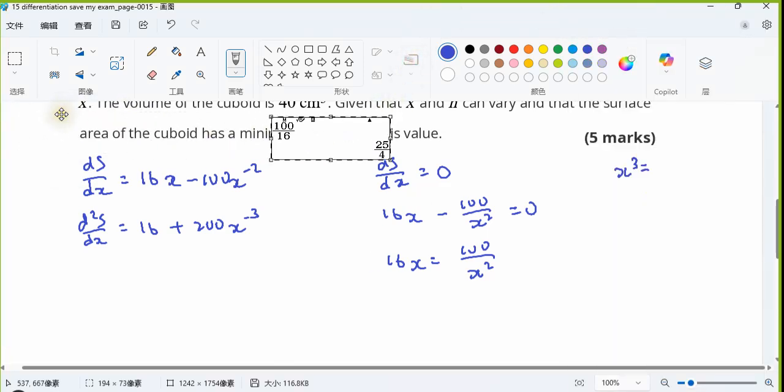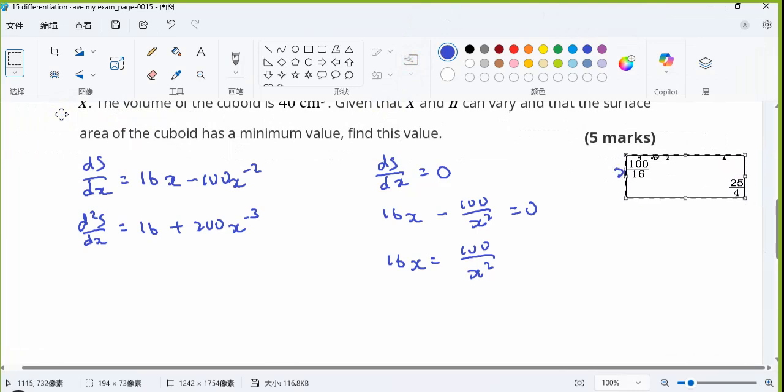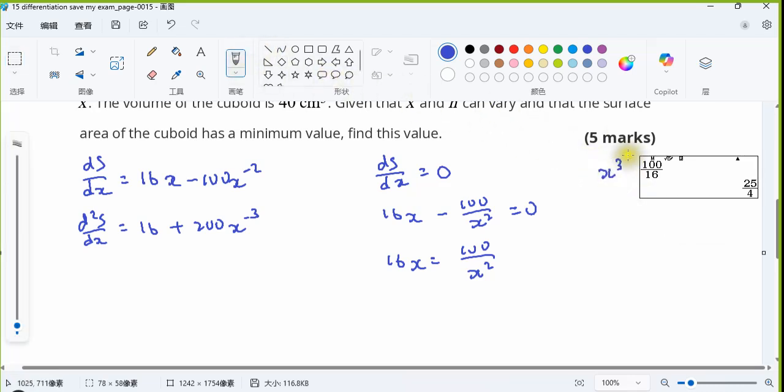So this is x cubed. So x will be the cube root of, no, cube root of 25 over 4. Okay.